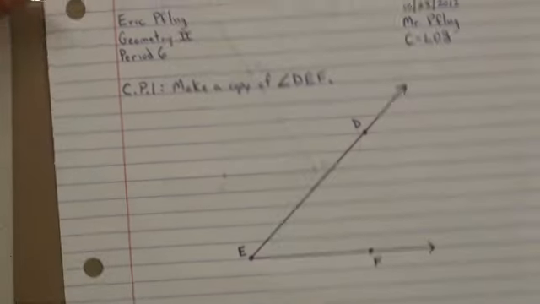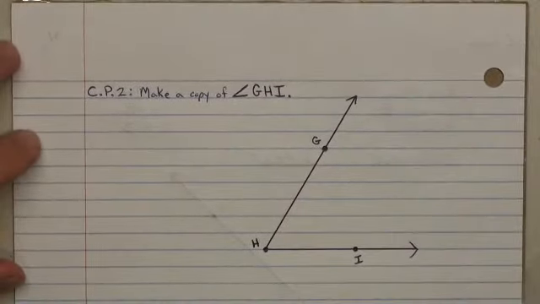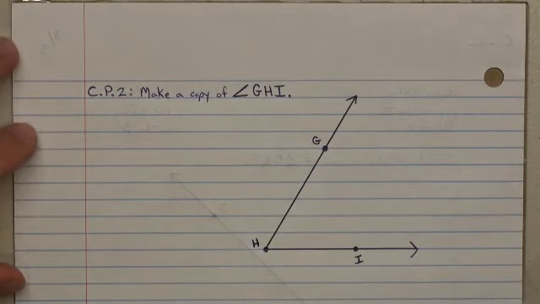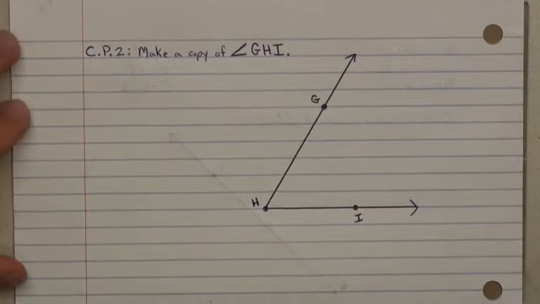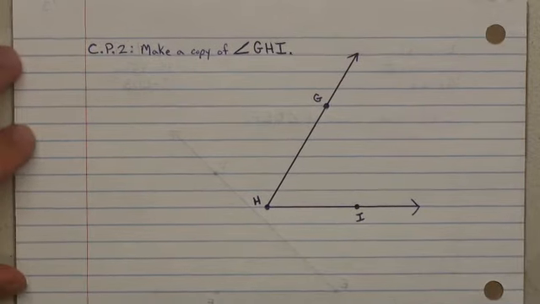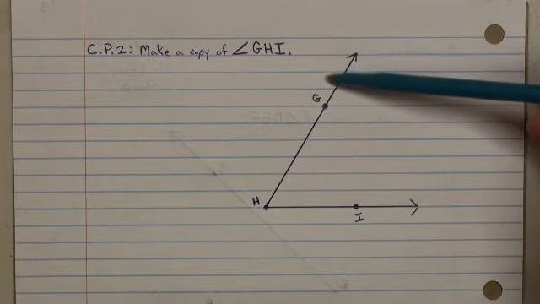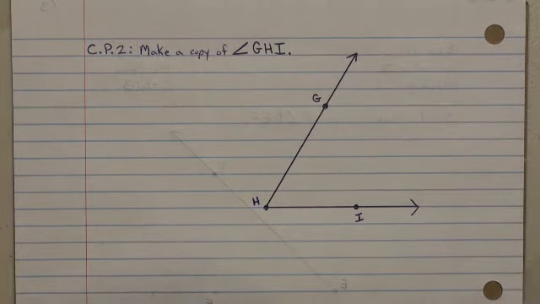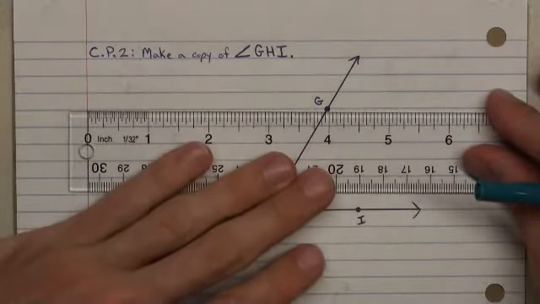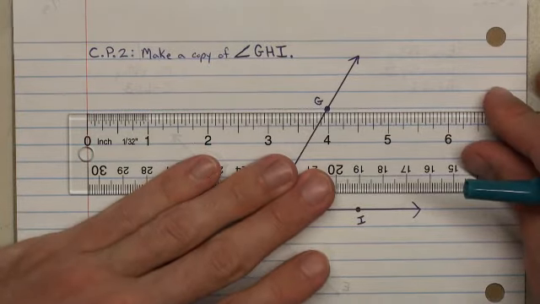Now, turn this page over, and on the back you're going to do the second construction, which is to make a copy of angle GHI. Again, this one I counted from this line here, 1, 2, 3 down. I measured in this time 4 inches again.